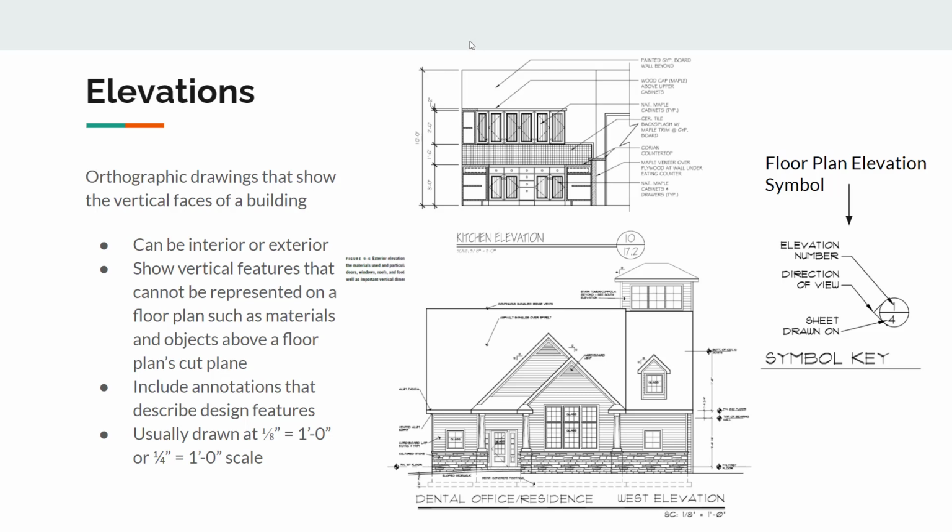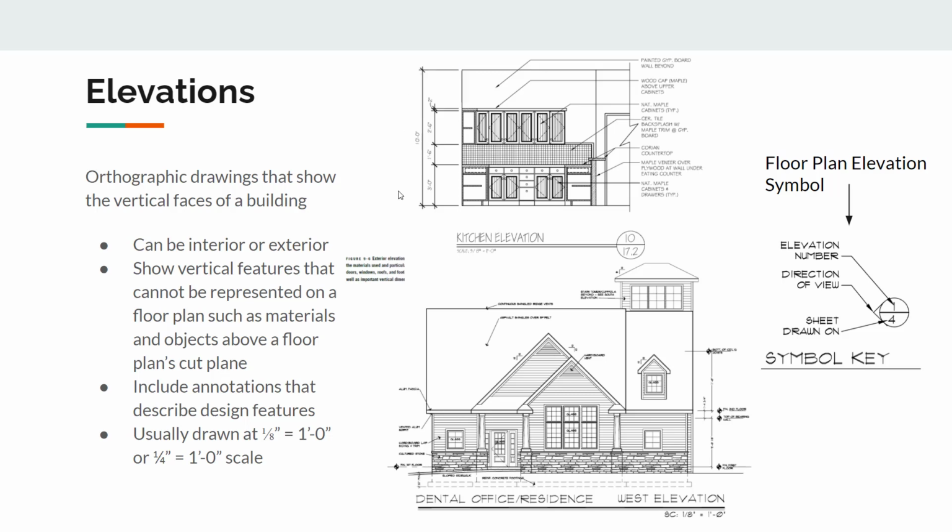All right, and then another thing to note about elevation drawings is they only include vertical dimensions. Okay, so as you can see on the kitchen elevation right here, we're only seeing the heights of the different objects. So we see the height of the countertop, we see the dimension from the bottom of the upper cabinets to the countertop, and then we see how high the actual cabinets are, as well as how high the actual space is from floor to ceiling.